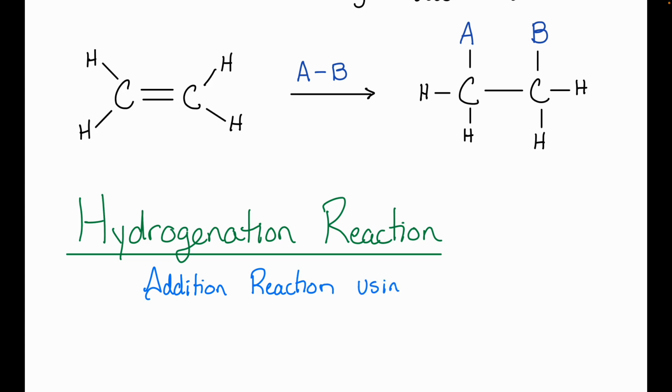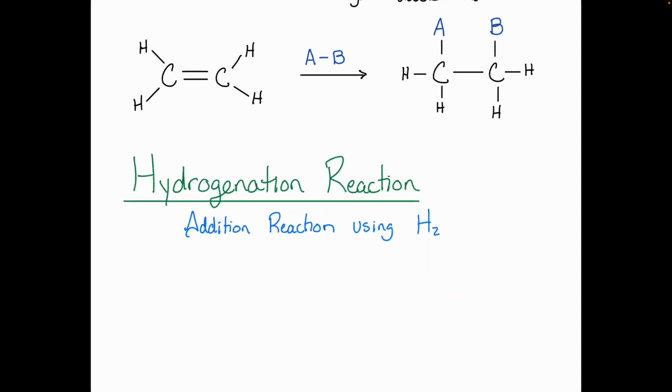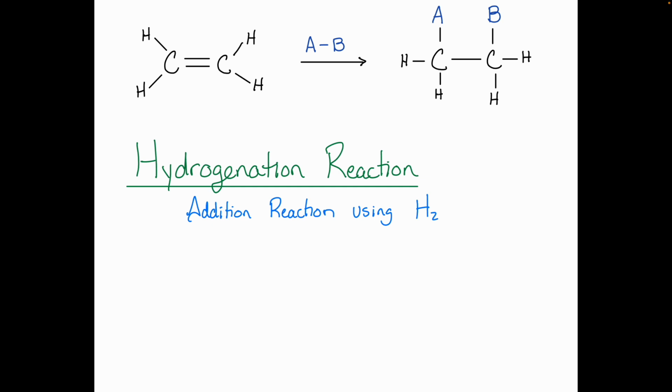But we're going to be using a specific reagent here, H2, hydrogen gas. All right, so based on analogy of what we just did above, let's take that same alkene. I want everybody to take a second and draw me the product of what you would expect if I react this alkene with hydrogen gas.